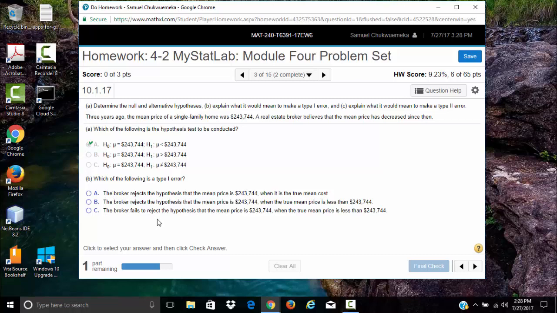Remember, the null is our main default. Okay, so the option could be A and B because you reject the null. But if you read A, it says the broker rejects the hypothesis that the mean price is $243,744 when it is the true mean cost. It is the true thing, but you reject it. That's type 1 error.